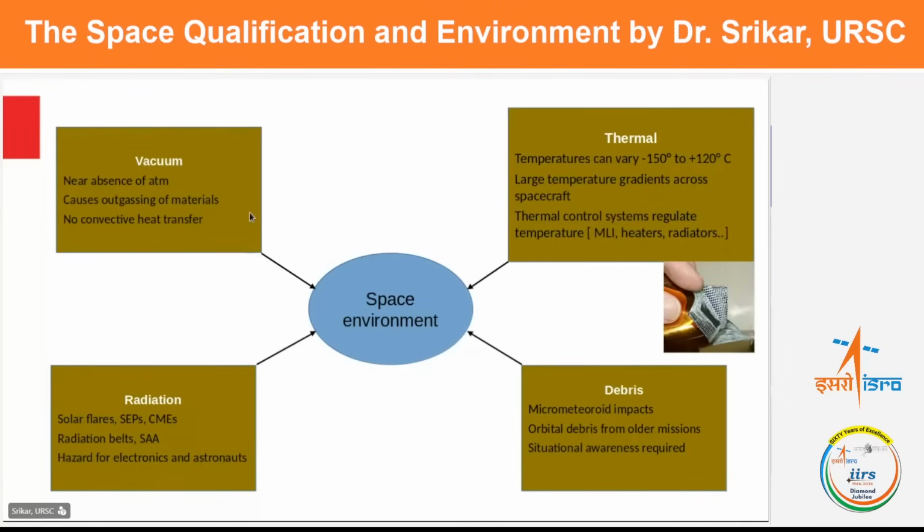Outgassing is the phenomenon where there's unwanted leakage of trapped gases into the ambient, and those gases can deposit on sensitive systems like sensors or optics and degrade their functionality. The other problem with vacuum is that no convection can happen, because there's no material medium as such, so no convective heat transfer. We have to think of alternate means to maintain the thermal aspect.